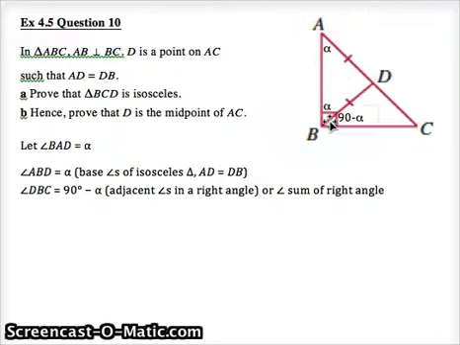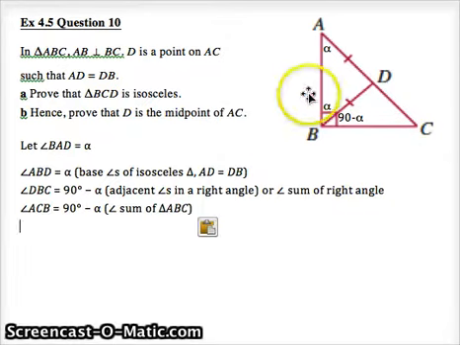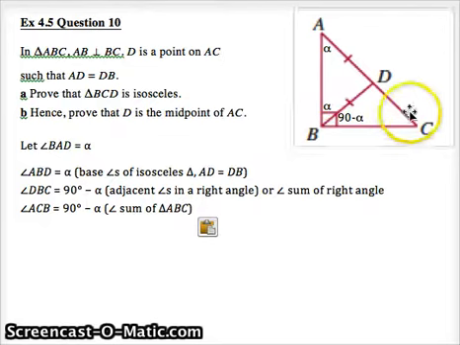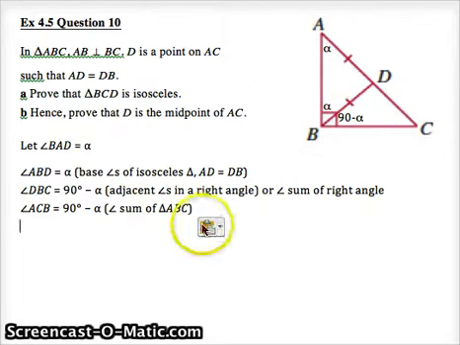So if the angle at A is alpha, then the angle down at C will have to be 90 minus alpha. So we'll write that up now as well. Angle ACB equals 90 minus alpha. The reason, because of angle sum of triangle ABC. So we'll just mark in that angle as well.